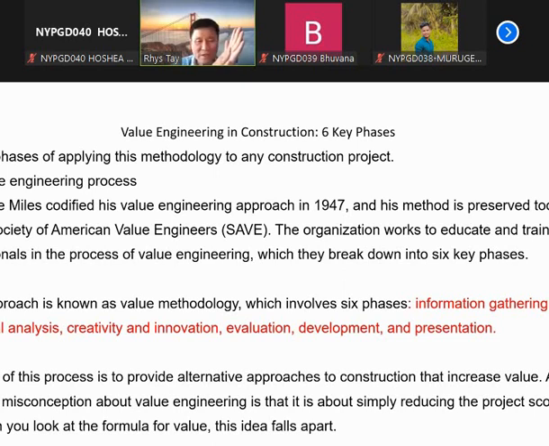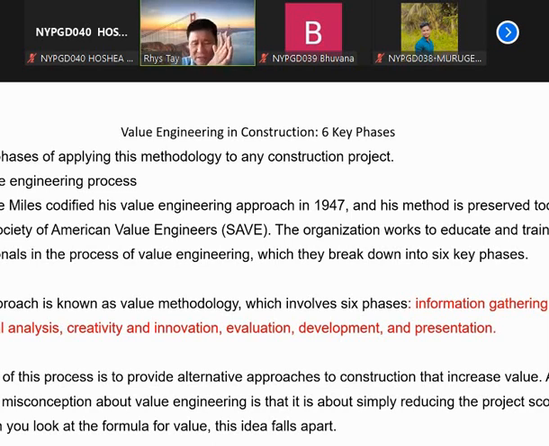Okay, the approach is known as value methodology, which involves information gathering, functional analysis, creativity, innovation, evaluation, development, and presentation. All right. The goal of this process is to provide alternative approaches to construction to increase the value.